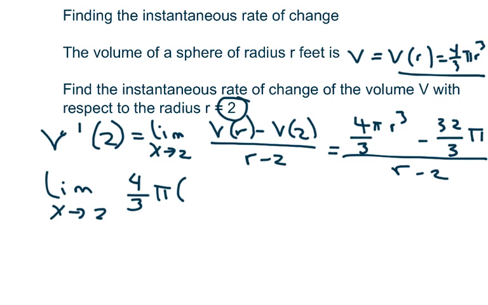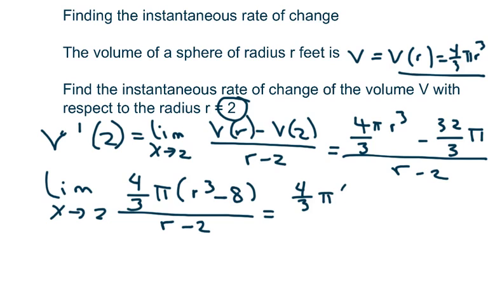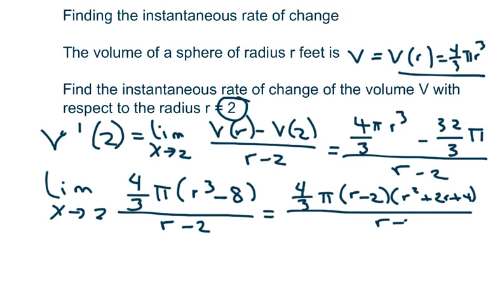So we're going to get r cubed minus 8 over r minus 2. Now I have this difference of cubes, so I'm going to factor that out some more. So that's 4/3 pi times r minus 2 times r squared plus 2r plus 4, all over r minus 2.